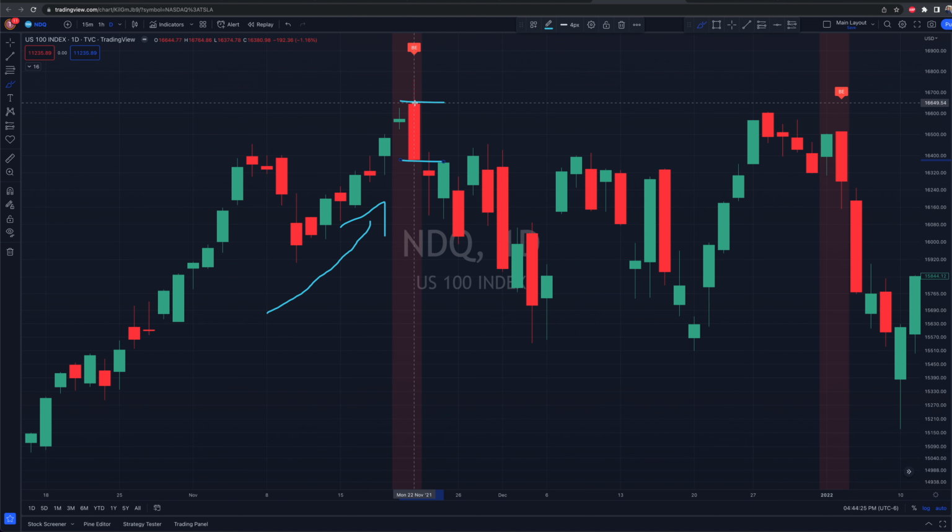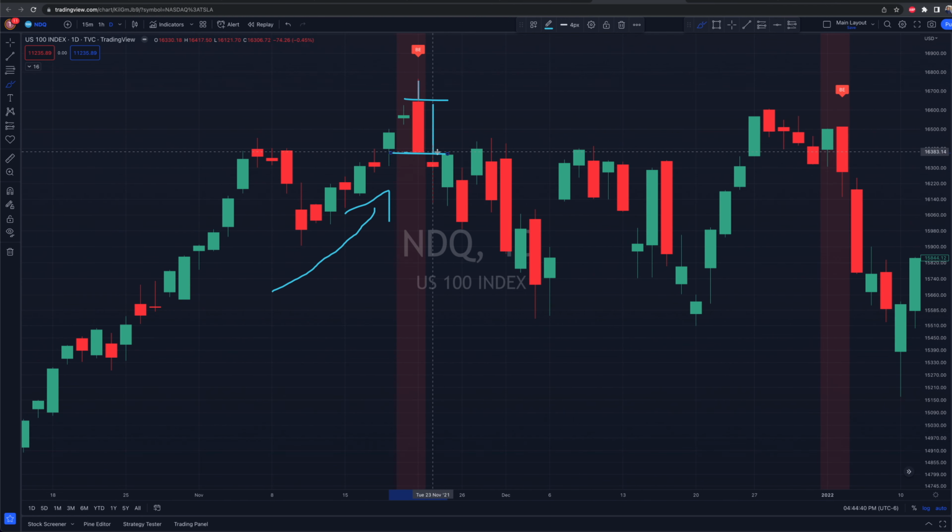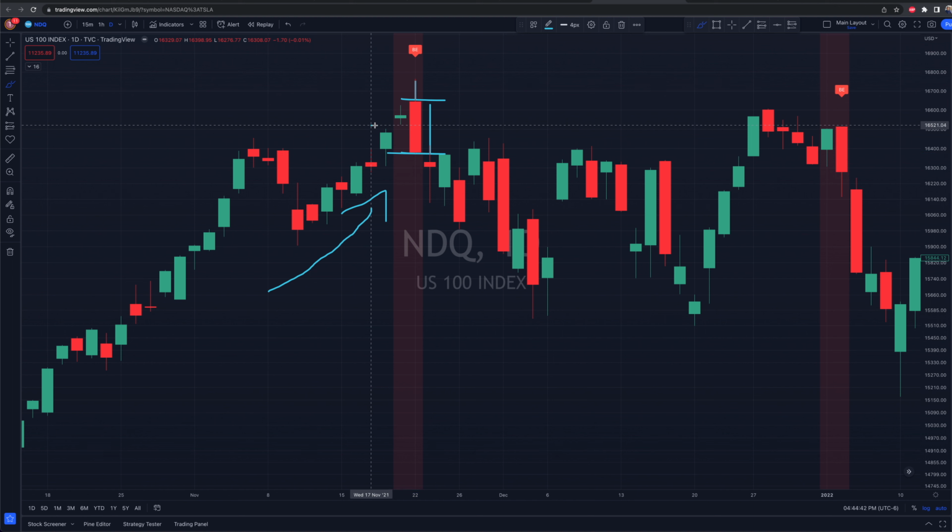We open substantially above the entirety of that day: the wicks, the high, the low, all that stuff, open, close. Doesn't matter if we trade up or down or have a wick, but we end up trading down by the end of the day, and we close well below, or just below, it doesn't have to be well below, just below the prior day's low. That right there is a bearish engulfing, okay?